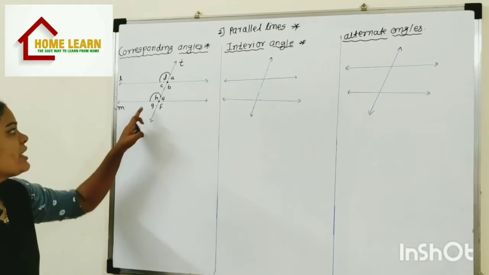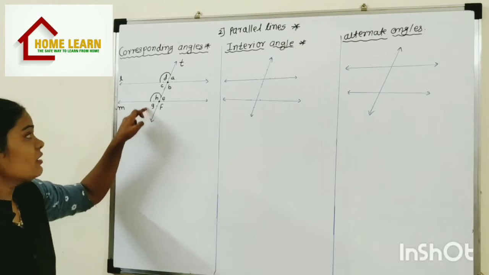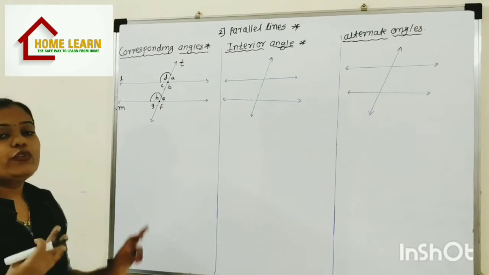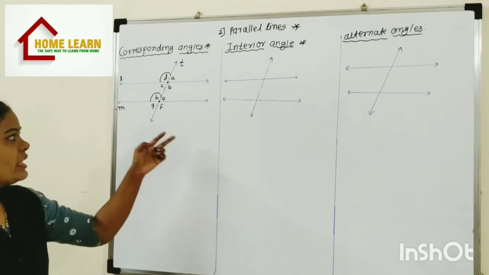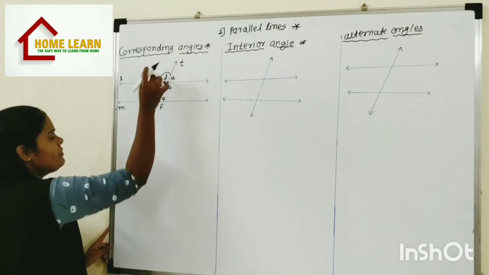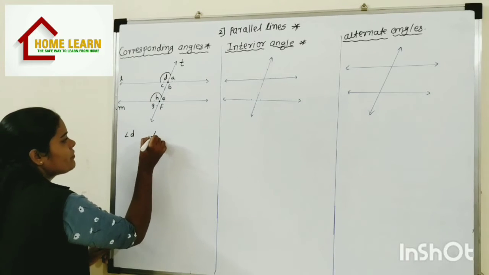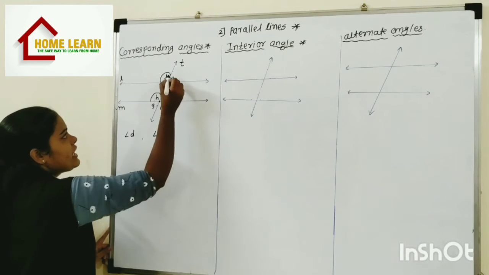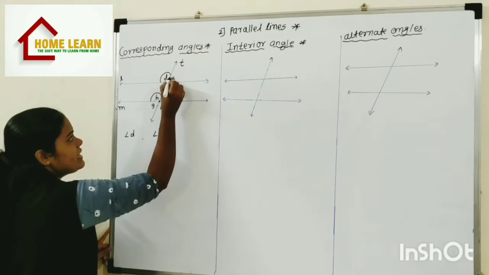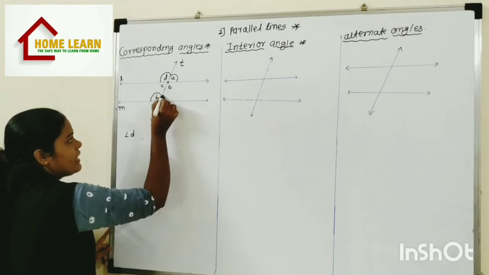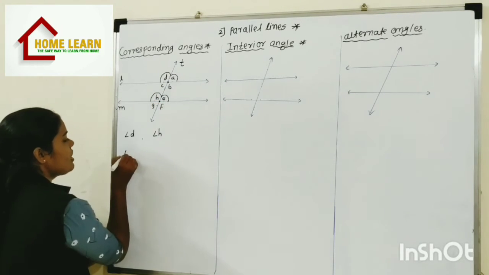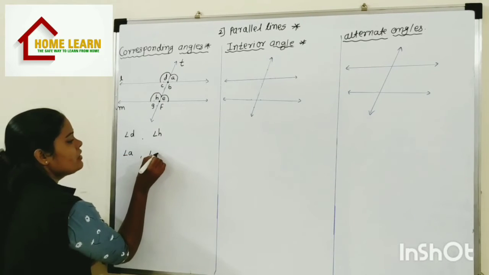How many corresponding angle pairs will be created in such a case? There are 4 corresponding angle pairs. Angle D and angle H. The second one, on the other side, is angle A and angle E.